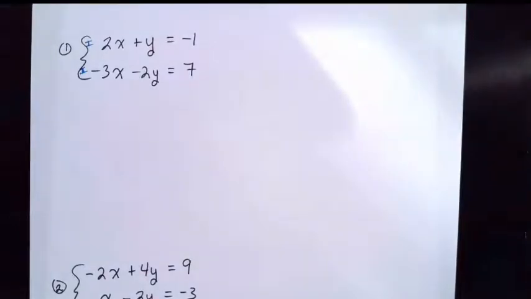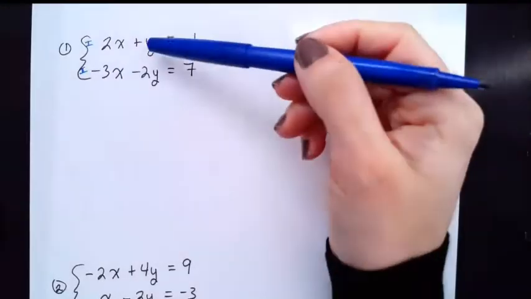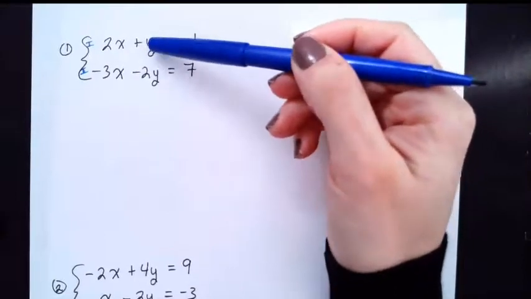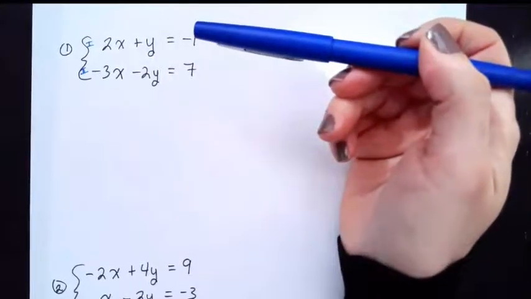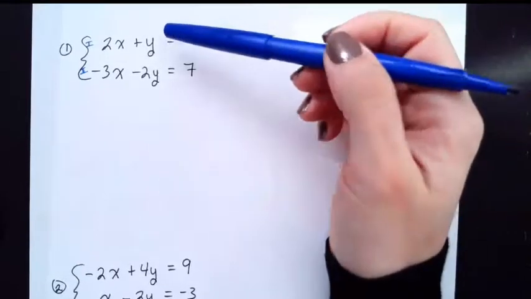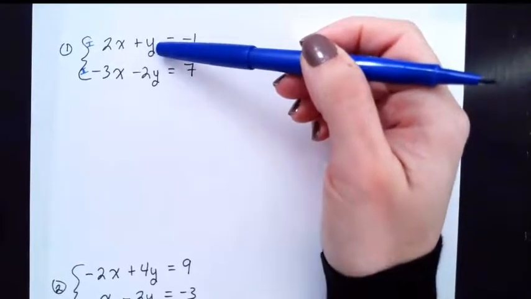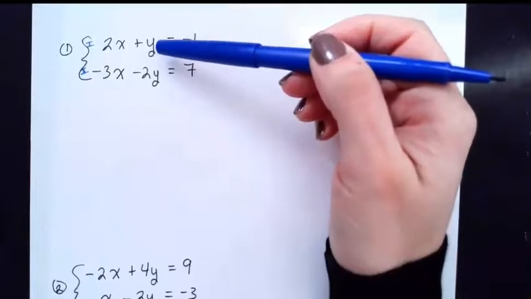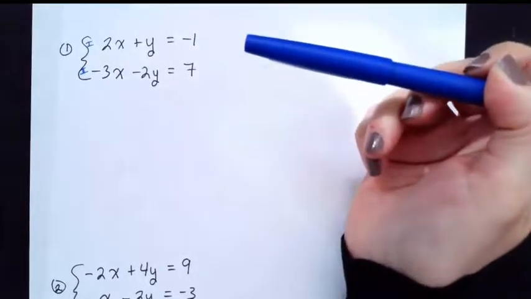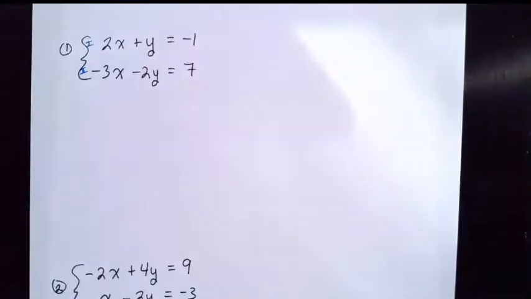Do I have a coefficient of either 1 or -1? And I do. I do have a coefficient of +1 in that first equation for y. So this would be a good candidate for substitution because it won't take a lot for me to make this y equals. And I won't have any fractions in that equation either. So for the purpose of this video, I'm going to decide to use substitution for this example. That means that the first equation needs to be rewritten.